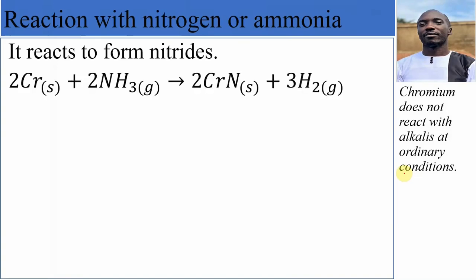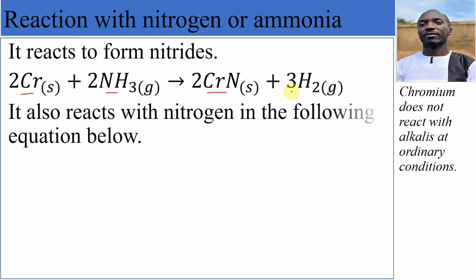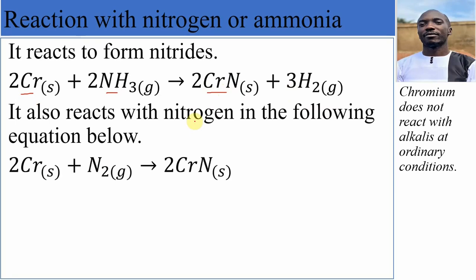So we have that equation. We are having chromium reacting with ammonia gas. Then we are forming chromium nitrides and also hydrogen gas. It also reacts with nitrogen in the following equation below. So we are also forming chromium nitride.